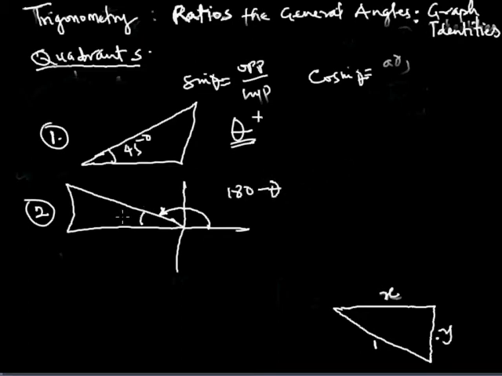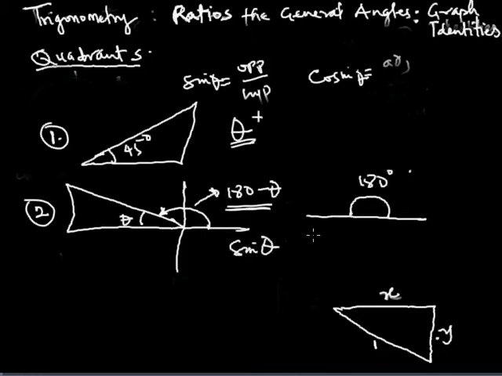Remember, on a straight line you have 180 degrees, so to get this value you have 180 degrees minus theta. Any degree given to you must be represented in this format, and it is positive with sine theta.